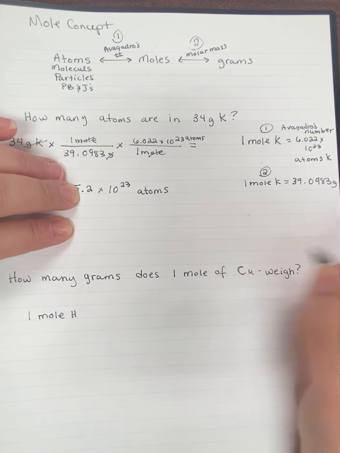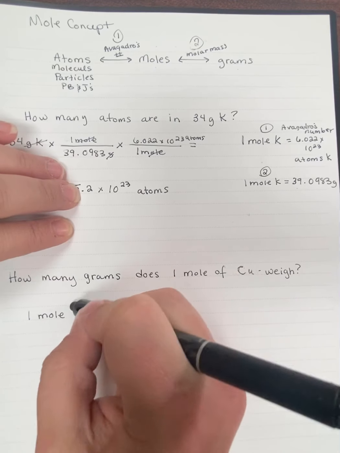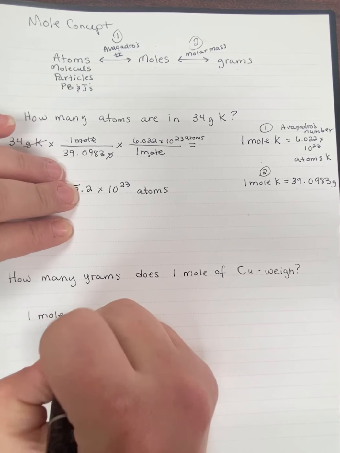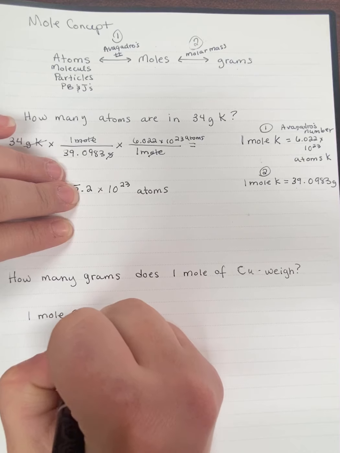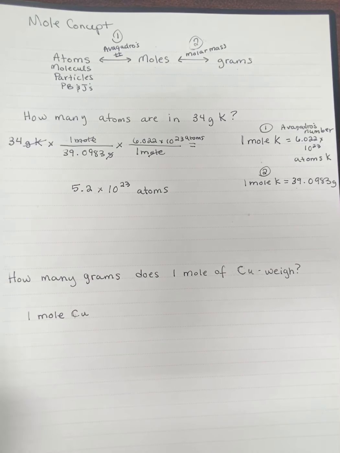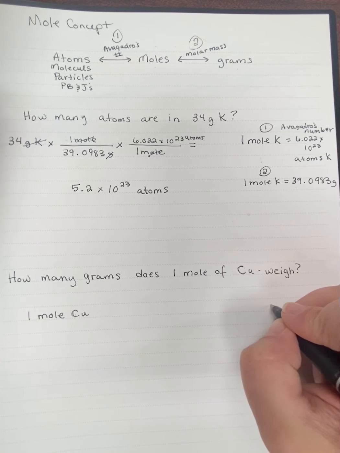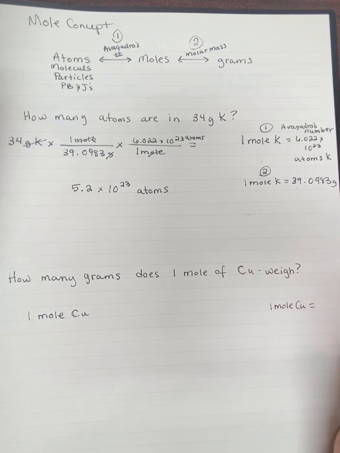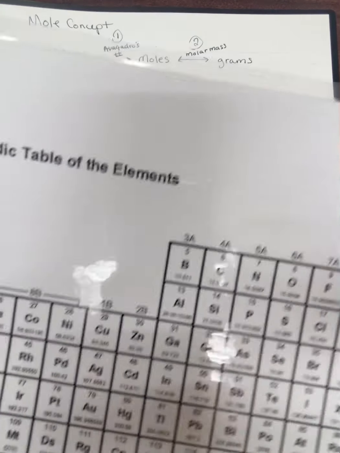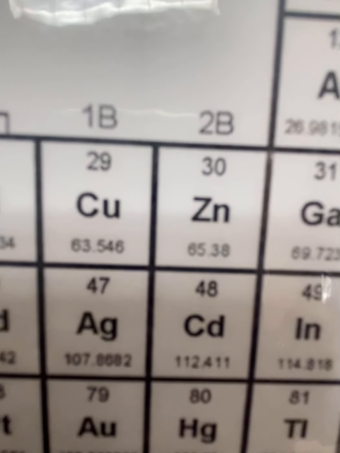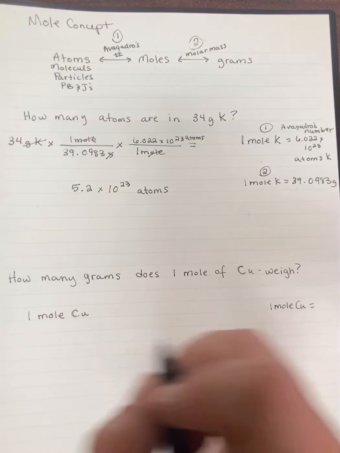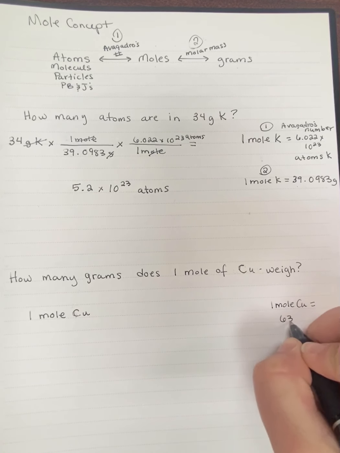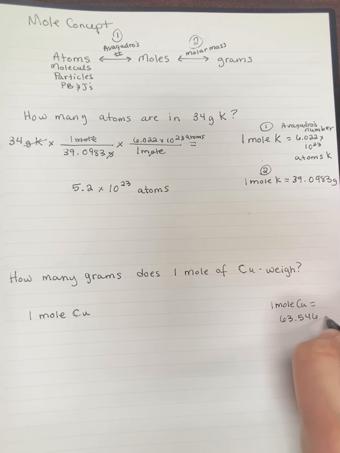I'm going to change this a little bit because we haven't gotten to formula mass yet. Okay, so from my periodic table, I need to formulate this unit conversion factor, or this unit equation. 1 mole Cu is equal to 63.546 grams.